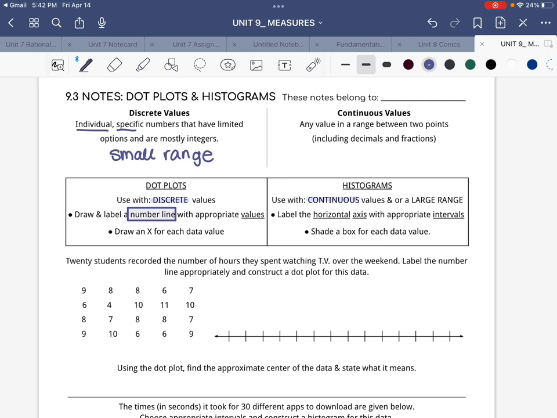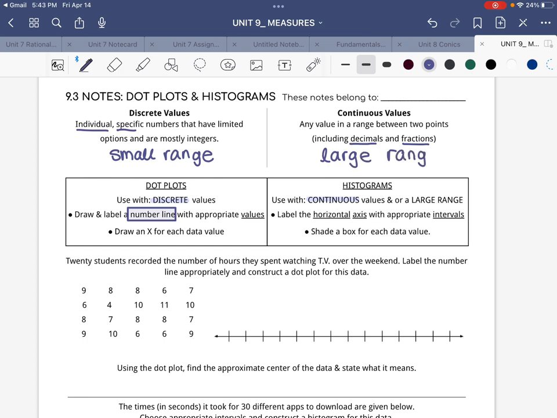Yes, we say that somebody is 6'2", for example, but that actually means that they are like 6.17 feet tall. So these are mainly things that have decimals and fractions or have a large range.